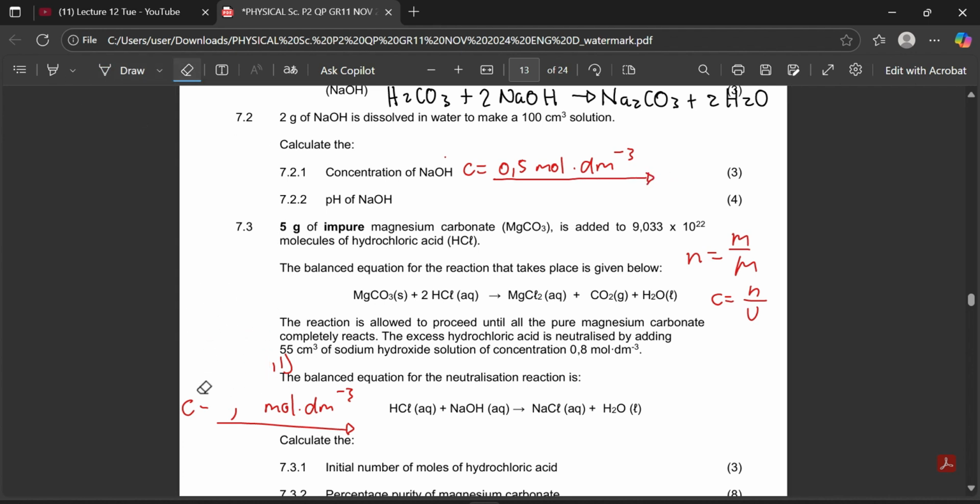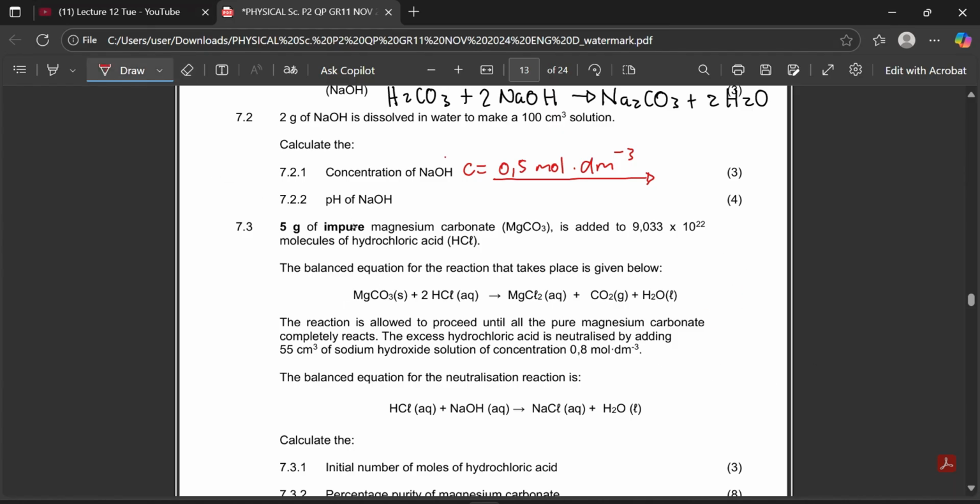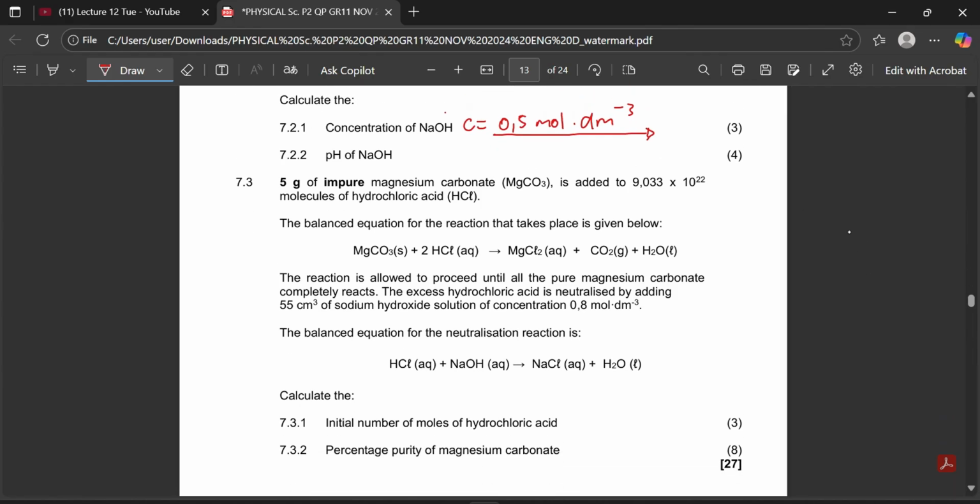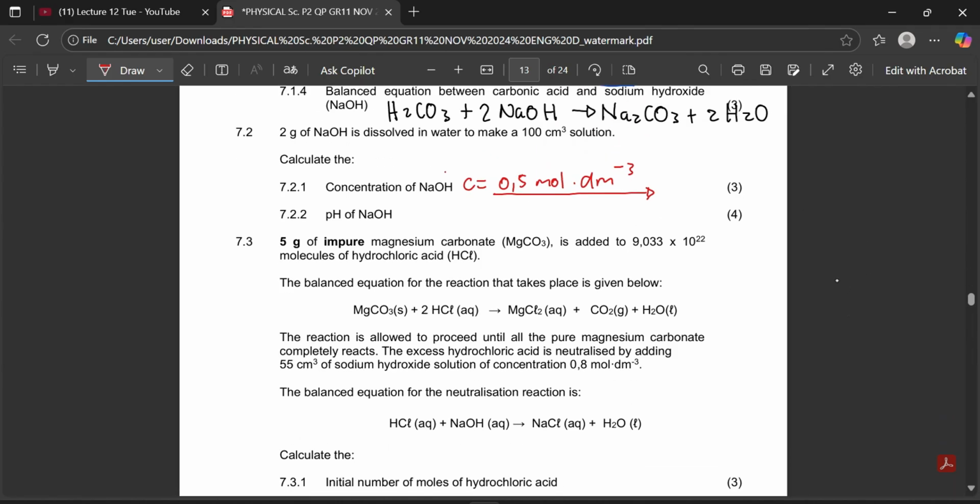Okay. Now the next question says, calculate the pH of sodium hydroxide. Now think about it. When we calculate the pH, we have two equations: an equation to calculate the pH and an equation to calculate the pOH.